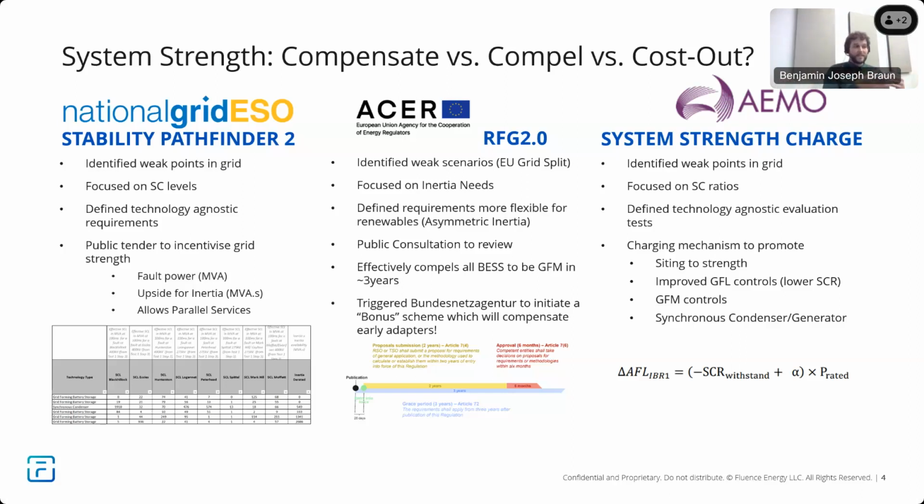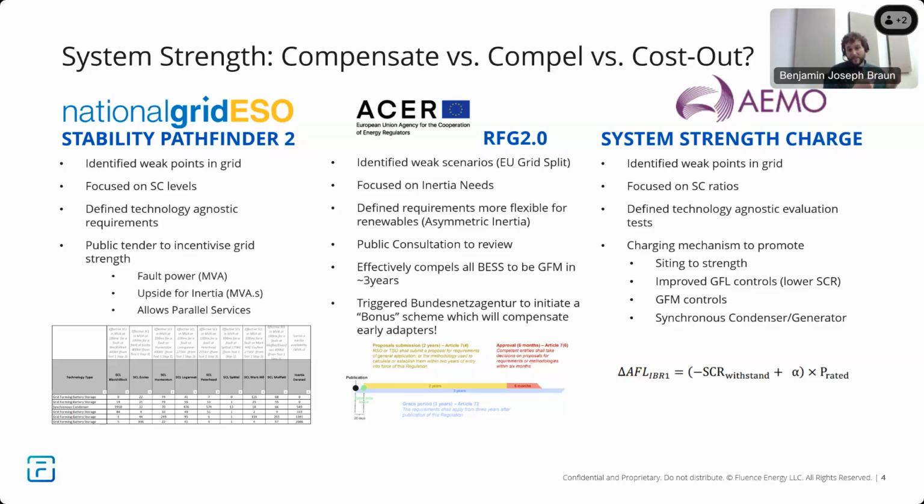And because of that, there's a regulatory agency in Germany called the Bundesnetzagentur. They released a paper where they're promoting the creation of a kind of bonus scheme. Before RfG 2.0 comes into place, and at the bottom of the slide there's a rough timeline shown, it's going to be about 3 years after all of those documents are published before there's really a compelling aspect from the codes for new projects.